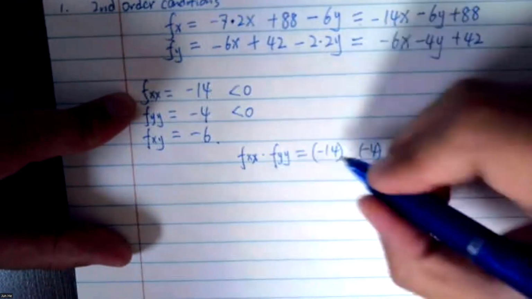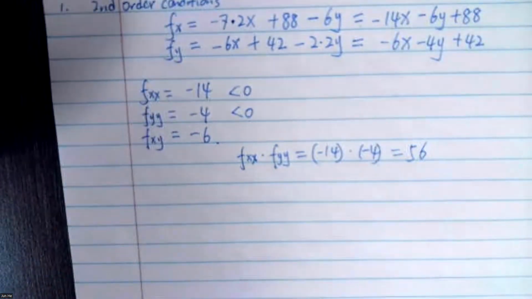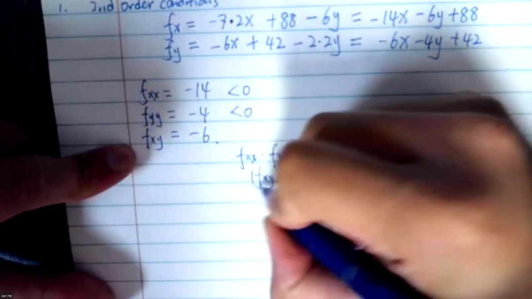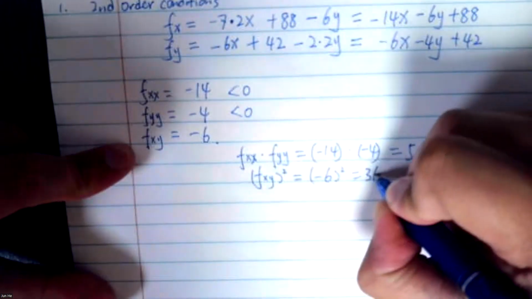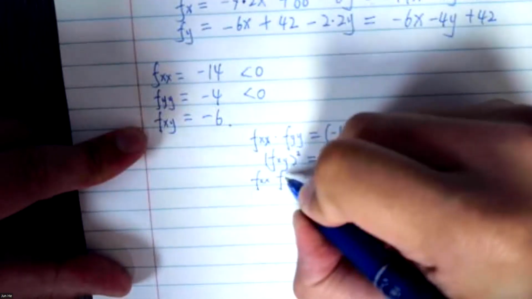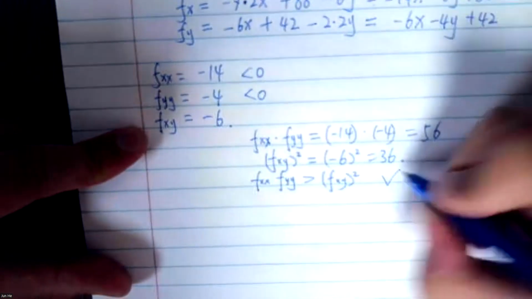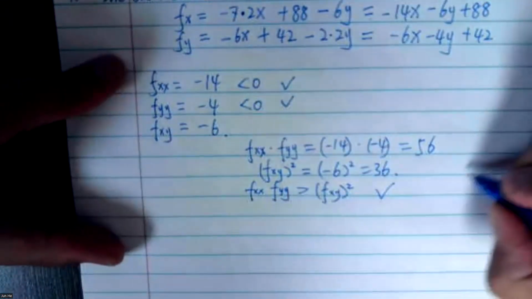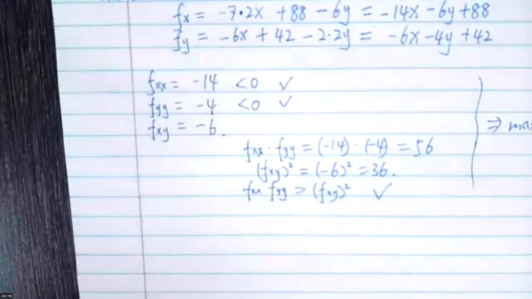Those minuses cancel, so we have 56. Okay, and fxy squared equals minus 6 squared, which is 36. And here we have fxx times fyy greater than fxy squared. So the condition also checks. So we have, again, a maximum from this.